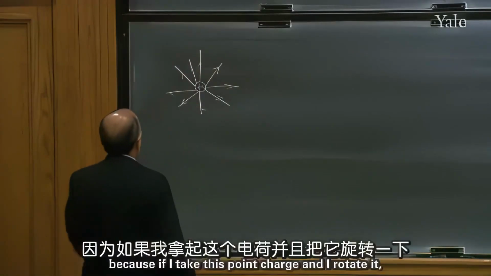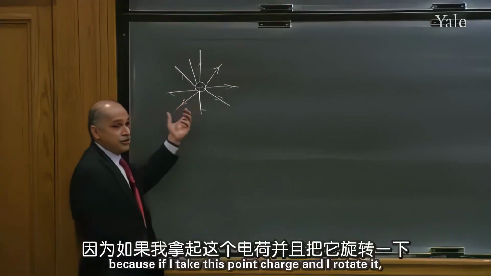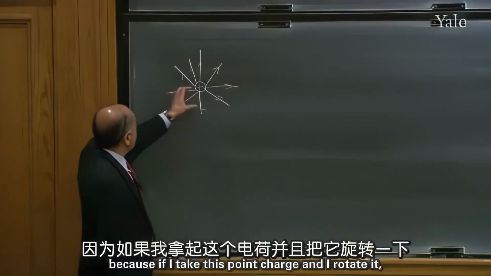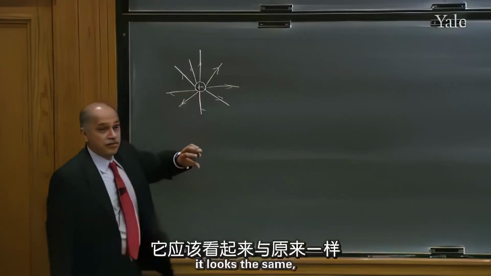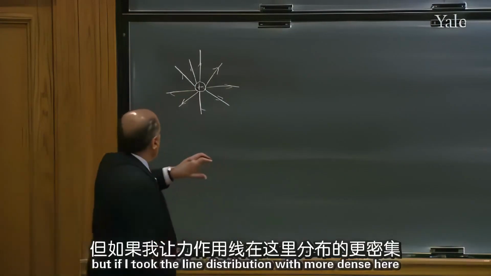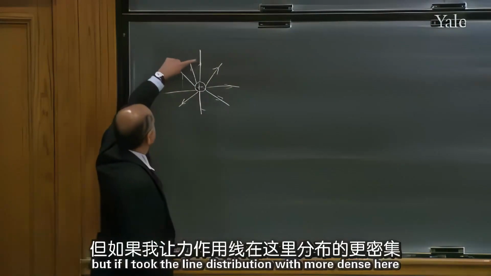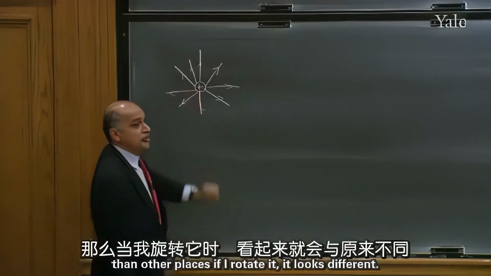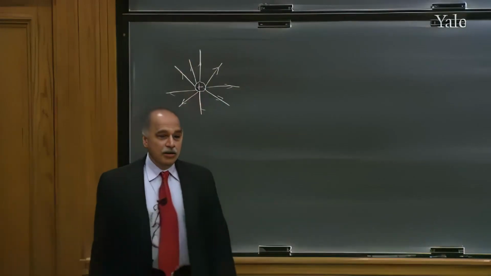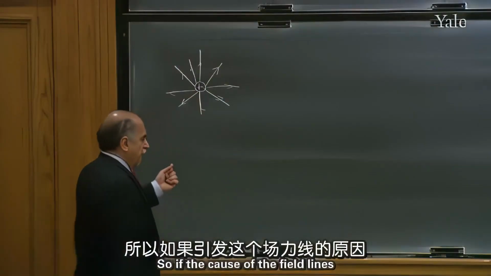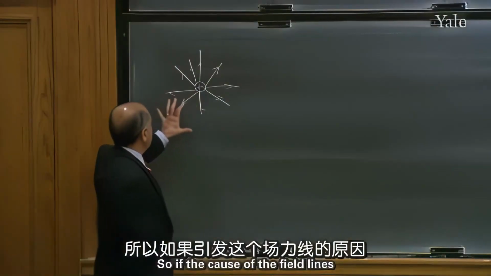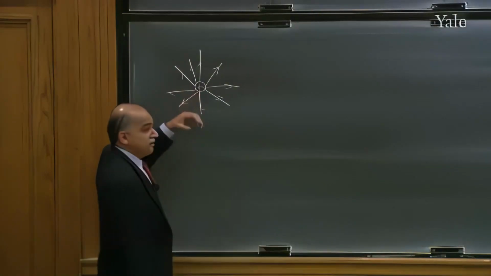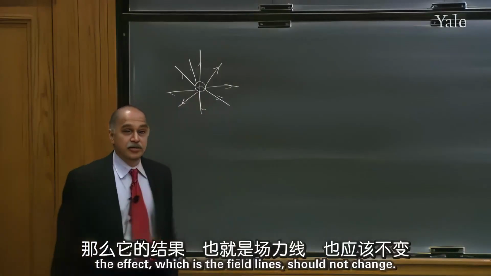That's not allowed because if I take this point charge and I rotate it, it looks the same. But if I took the line distribution with more dense here than other places, if I rotate it, it looks different. So if the cause of the field lines looks the same after rotation, the effect, which is the field lines, should not change.